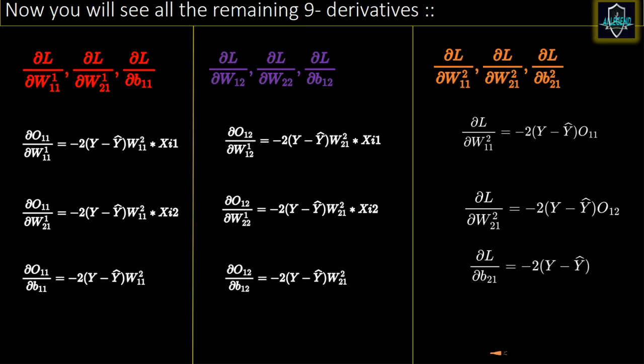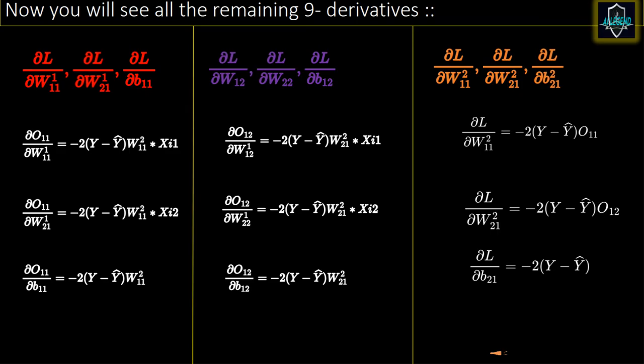Similarly we have to do the same. Remember this: ∂y hat/∂O12 is equal to W221. So the other values will be ∂L/∂W112 is equal to minus 2 times (y minus y hat) W221 multiplied by xi1.